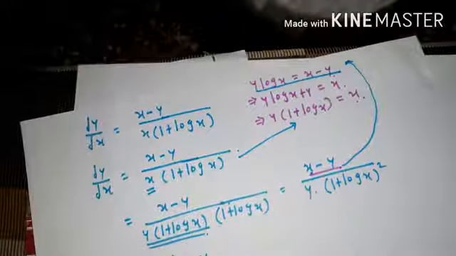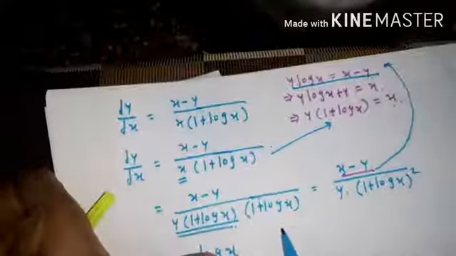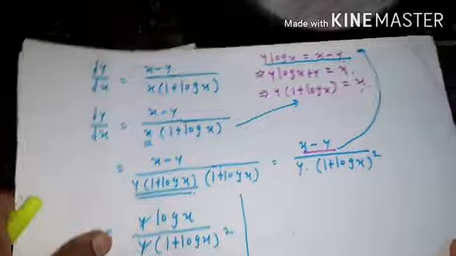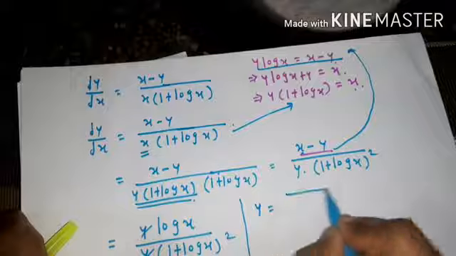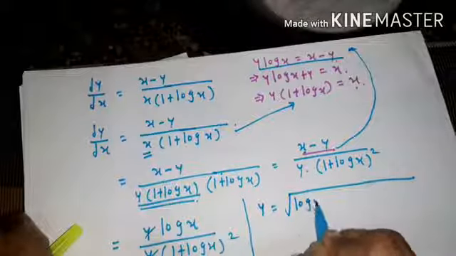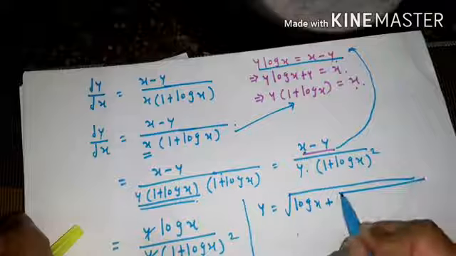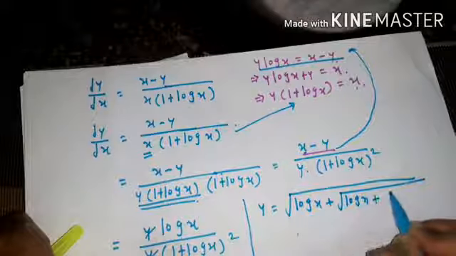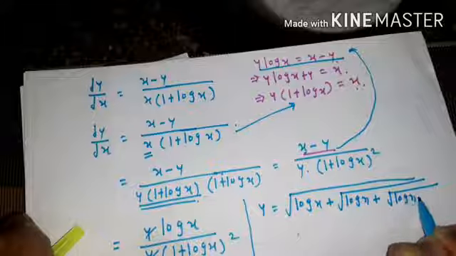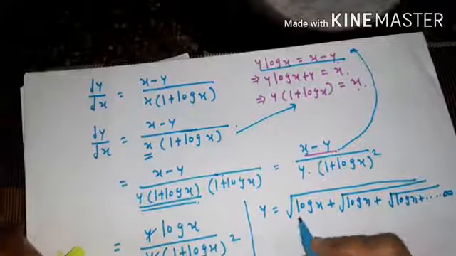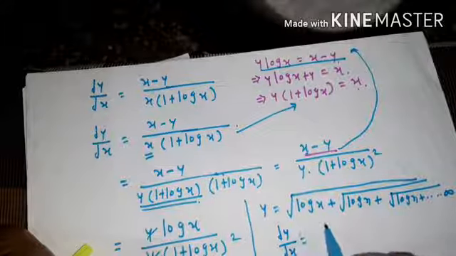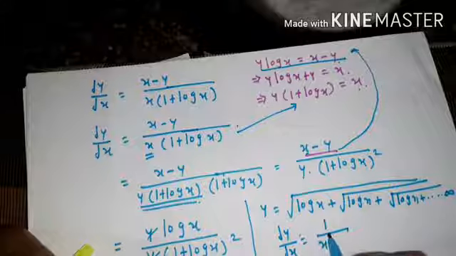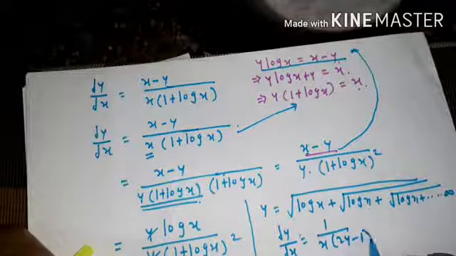Now there is the same type of problem, so solve it as homework. If y equals the square root of log x plus square root of log x plus square root of log x plus ... up to infinity, then show that dy by dx equals 1 upon x into 2y minus 1.